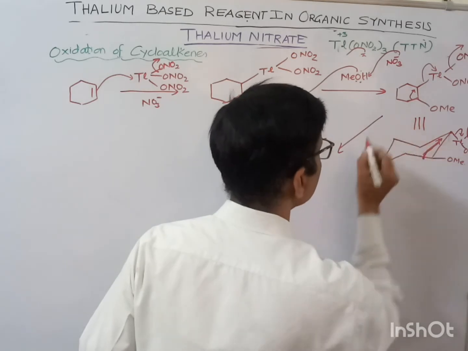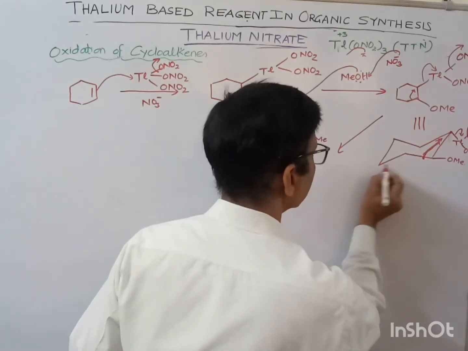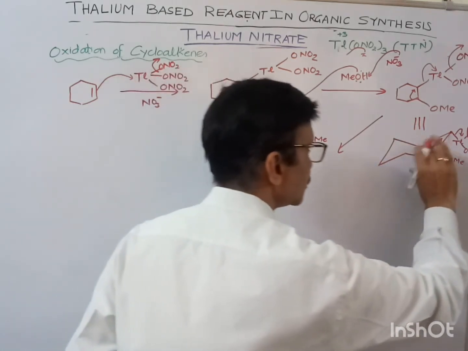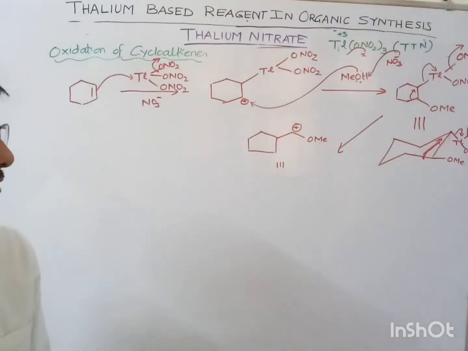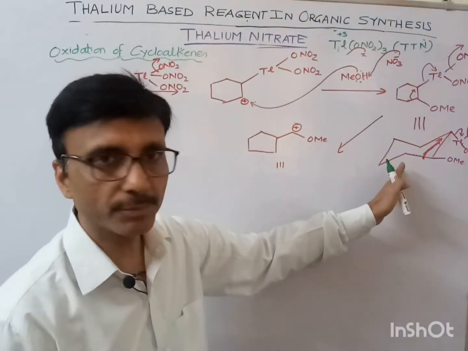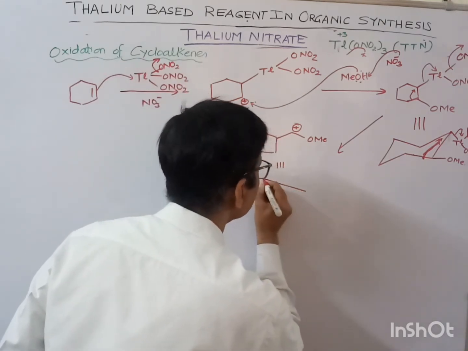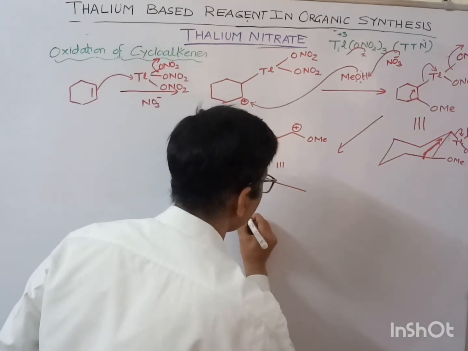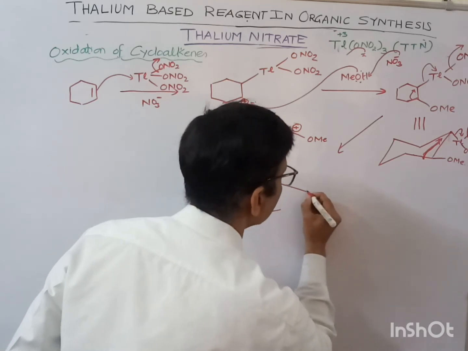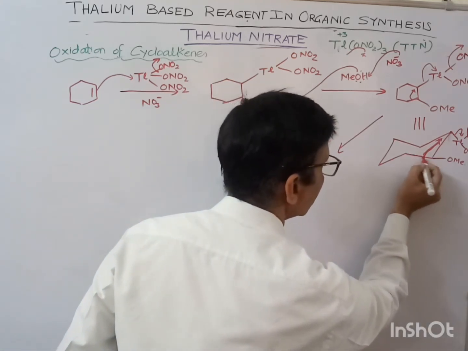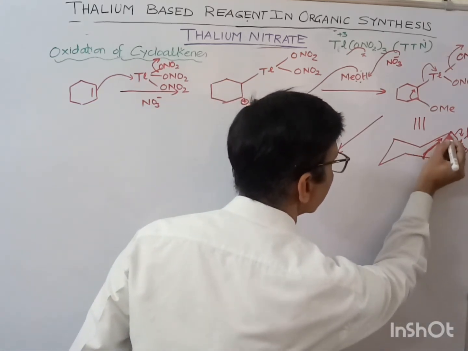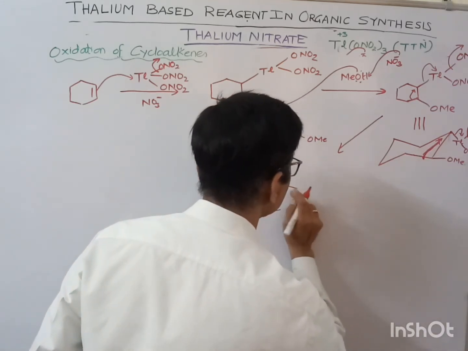Suppose I write, or this can be written in a chair form. This chair form is 6-membered ring, that would be now converted into 5-membered. So if I write it like this, which bond I have broken? This bond has broken and this will get attached to this one.